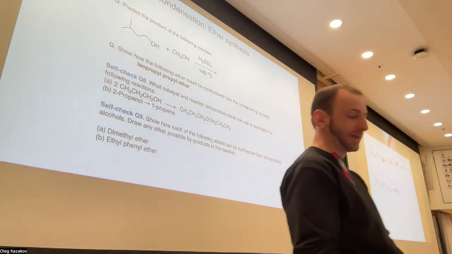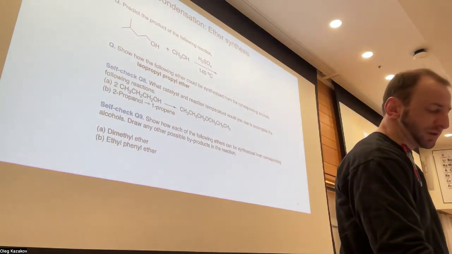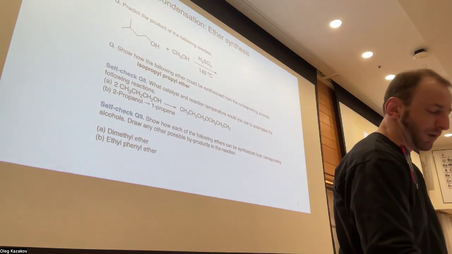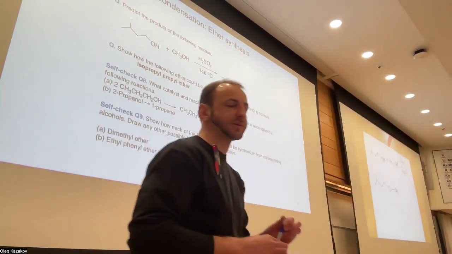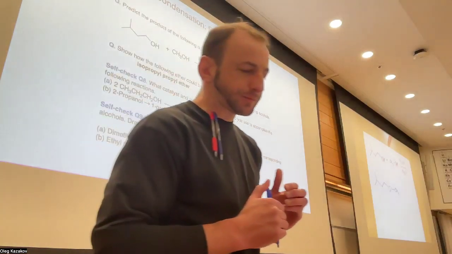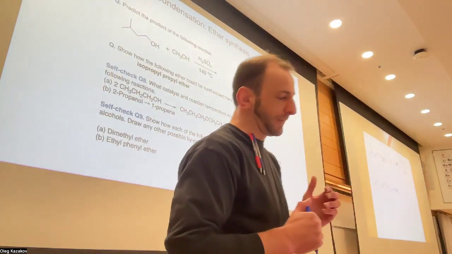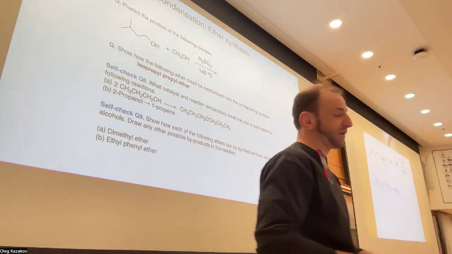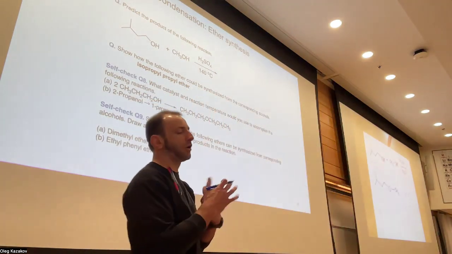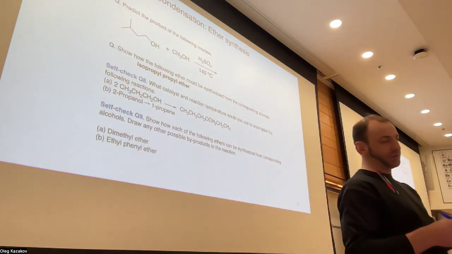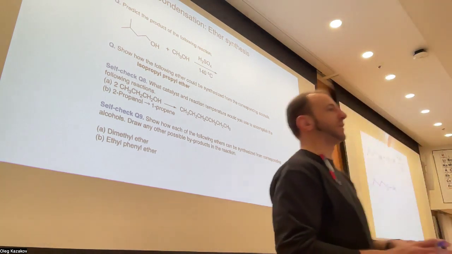Again, the conditions are still the same, H2SO4 at 140 degrees Celsius this time around. So these are two possibilities: you have either two identical alcohol molecules or two different alcohol molecules reacting with one another.